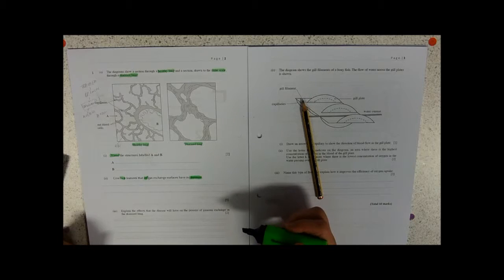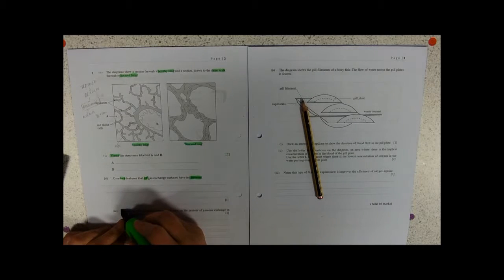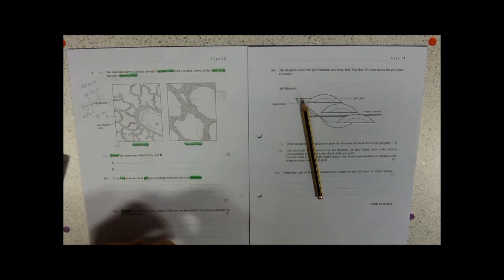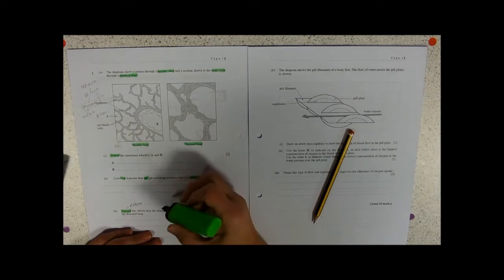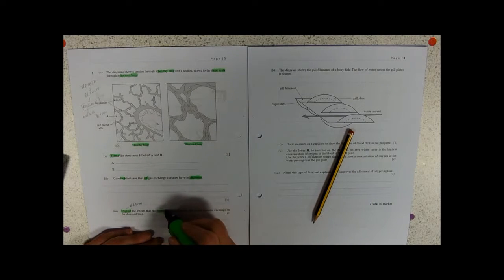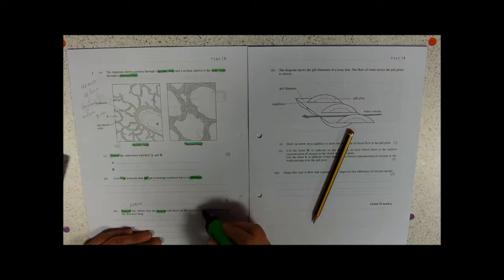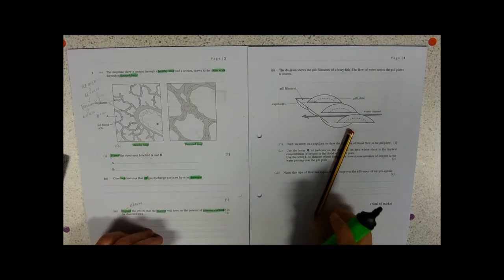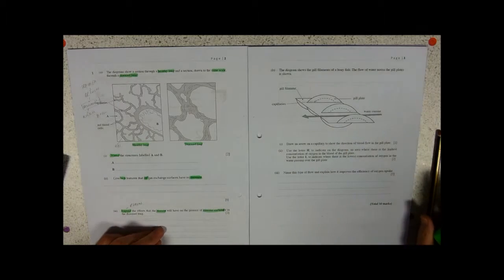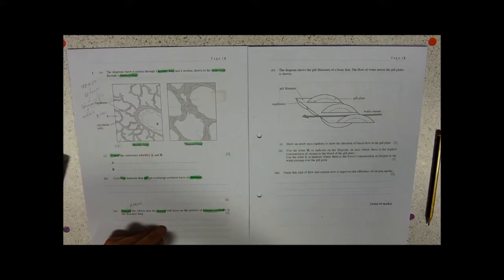Okay, so I've got an explain. So I'm just going to write in pencil above that. That means give a reason. But the effects that the disease, I'm going to be looking at the diseased lung picture, will have on gas exchange. Okay, might need to think about that and look at perhaps the differences.